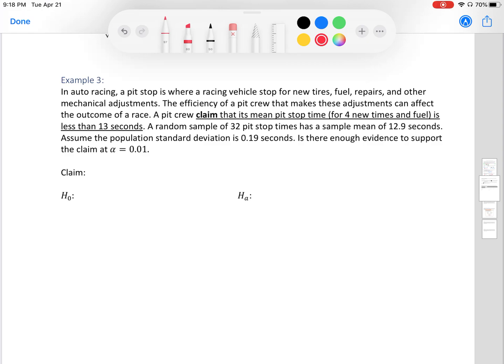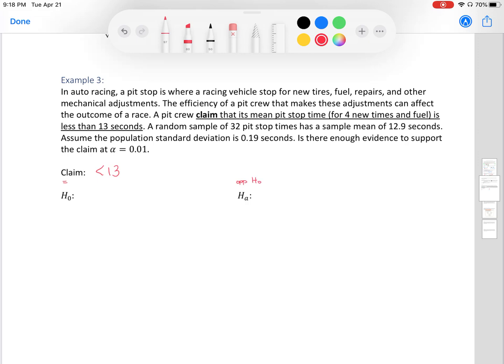Is there enough evidence to support the claim at alpha equal to 0.01? Okay, let's go ahead and list our claim. We're saying the mean pit stop time is less than 13 seconds, so less than 13. Remember, your H0 has the equality and your HA is the opposite of your H0, right?